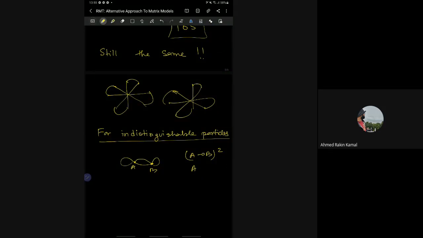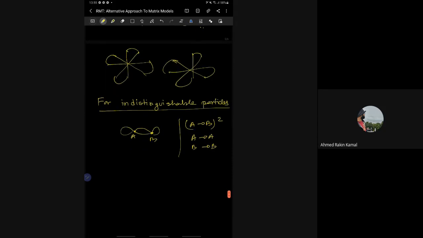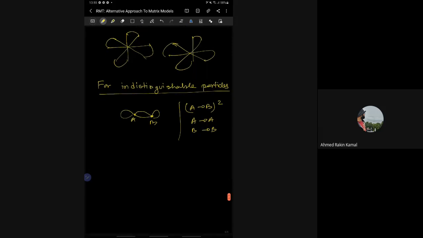So you can develop a program of some sort. So A goes to A and B goes to B. If you want to give an input to the computer, you can give it like this. So this is the indistinguishable case. What if they're indistinguishable? We have to divide by this number.